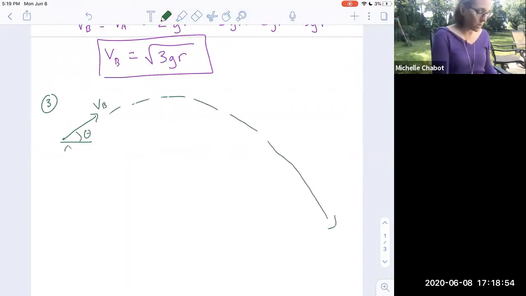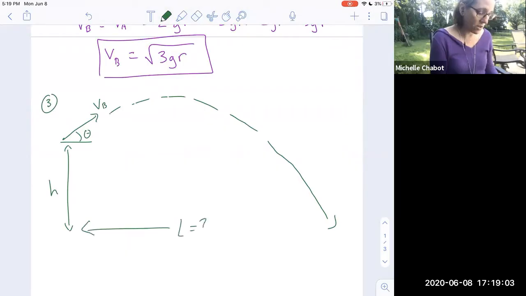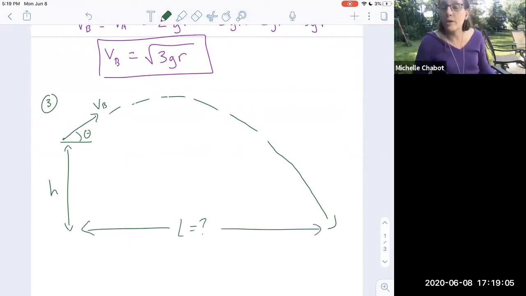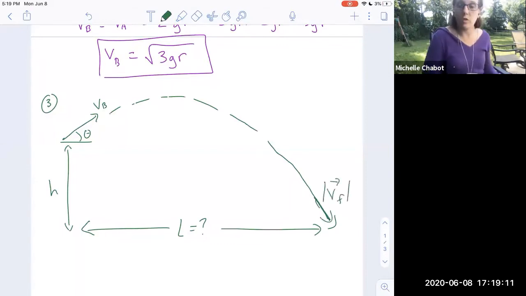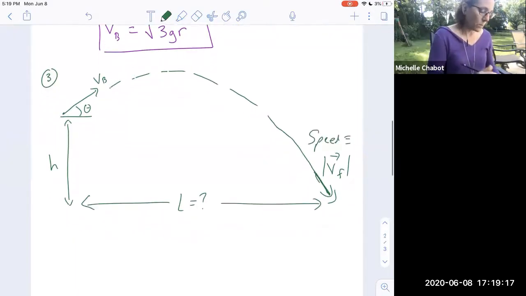This whole thing, we were told, was a height h off the ground. We want to find L as one of the things we're trying to find, and we also want to find the magnitude of the final velocity vector, because that's going to be our speed. So I can write down what I know in the x and the y direction.